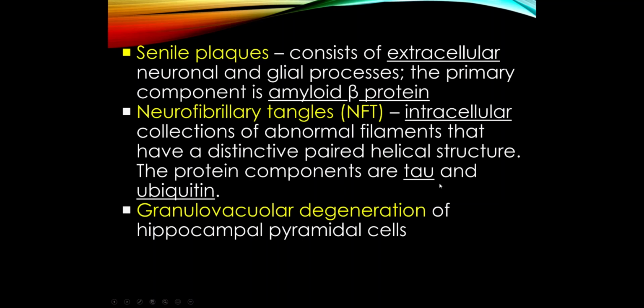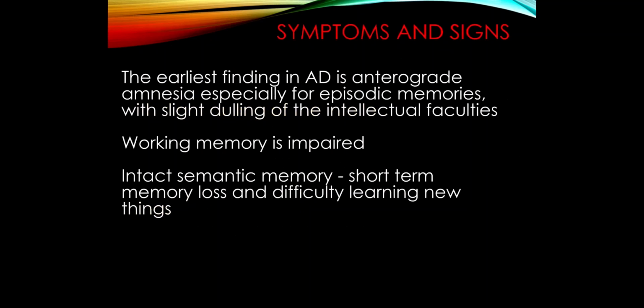So later on we'll list all of the tauopathies in neurology, but for now Alzheimer's is certainly one. And Dr. Deist talked with you about granulovacuolar degeneration of the hippocampal pyramidal cells, which is something else that would be seen at pathology. So the earliest finding then in Alzheimer's is an anterograde amnesia, especially for episodic memories.